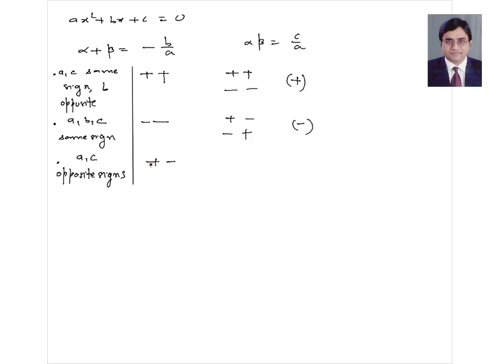Looks like no questions. Let's start with an easy problem. x square plus 5x plus 4 equal to 0. What is the nature of the roots? Nature means you have to tell real, non-real, equal, non-equal, rational, irrational, all those things.